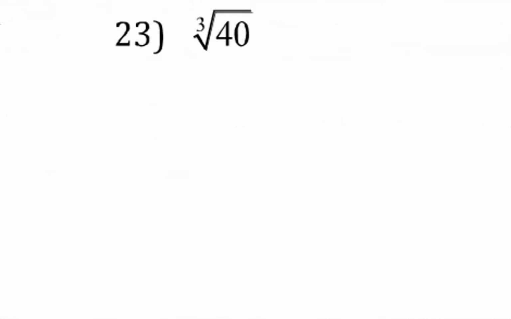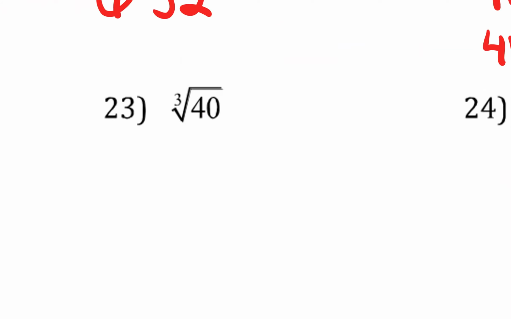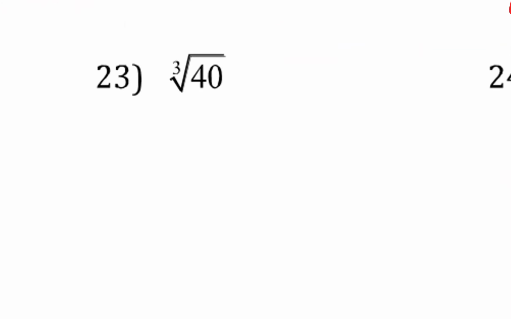Moving on to the next one, cube root. So when you're trying to find the cube root of something and you're breaking them down, you don't just need pairs, you need groups of 3. Or if you're doing it the method that I've been talking about, you need perfect cubes. So I'm just going to break this down, but I'm also going to kind of have in the back of my mind that I'm looking for perfect cubes.